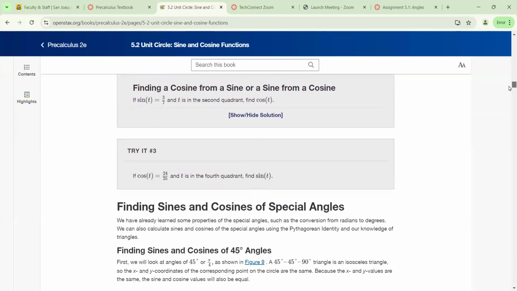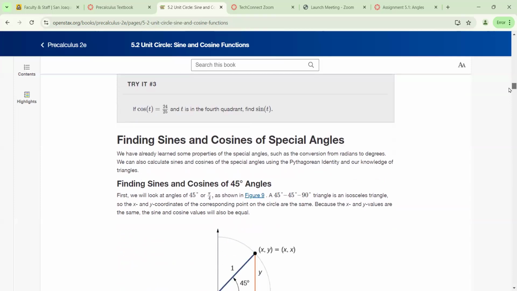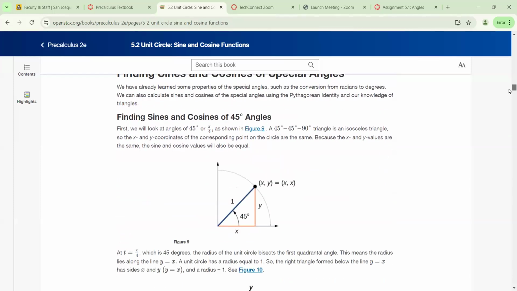So quadrant 1, we use that special angles like 45 and 90, because three angles of a triangle are supposed to add up to 180 degrees. So they use that 45, 45, 90. So if it's sine 45 or cos 45, what would be the value?